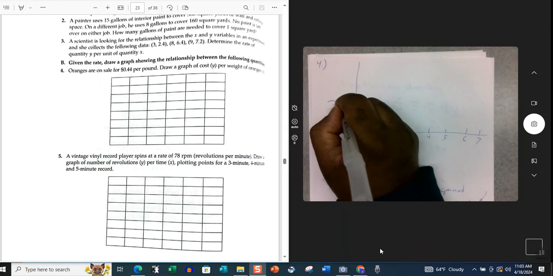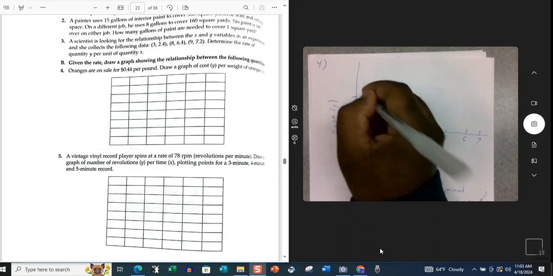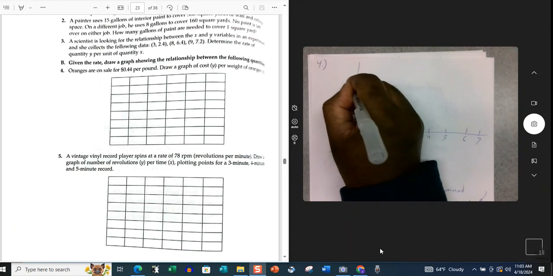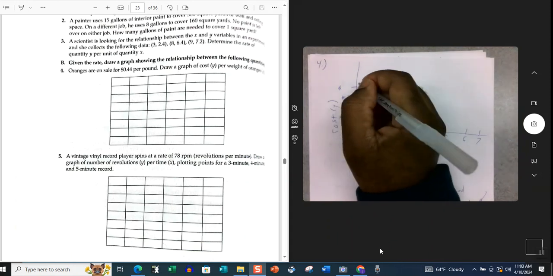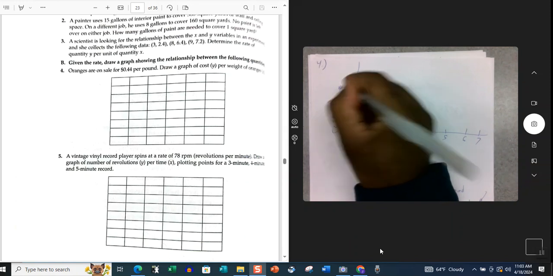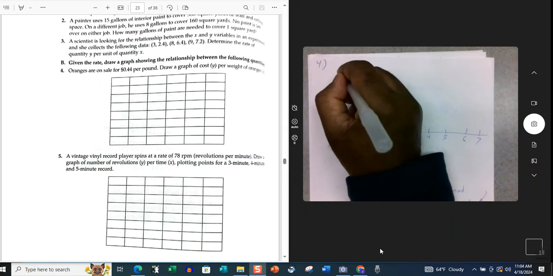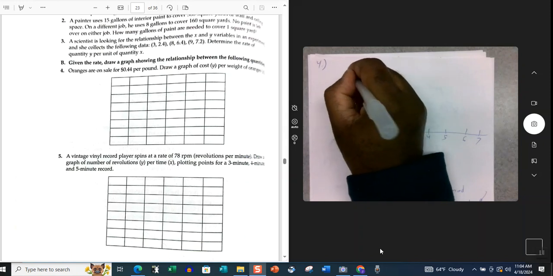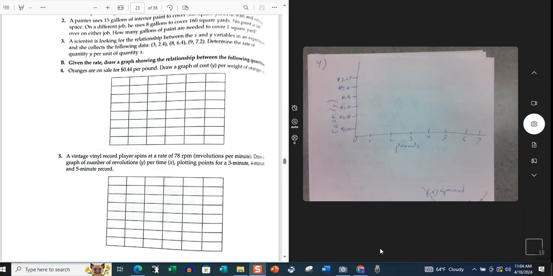Yeah, $1.32. And then this would be $1.76. And then let me see, $2.20. And then this would be $2 and what's that? 64 cents. Okay, I'll stop here.